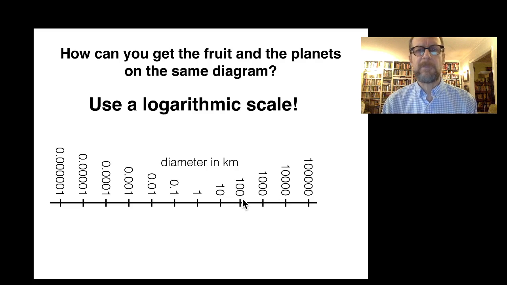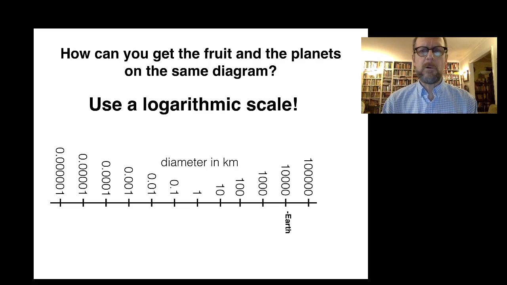So 10 to the first power, 10 to the second, up to 100,000 kilometers. And then fractions of a kilometer. So 0.001 is 1/1000th of a kilometer. 1/1000th of 1,000 meters is 1 meter. So this is 1 meter here, roughly a yard, if you're more comfortable with that.